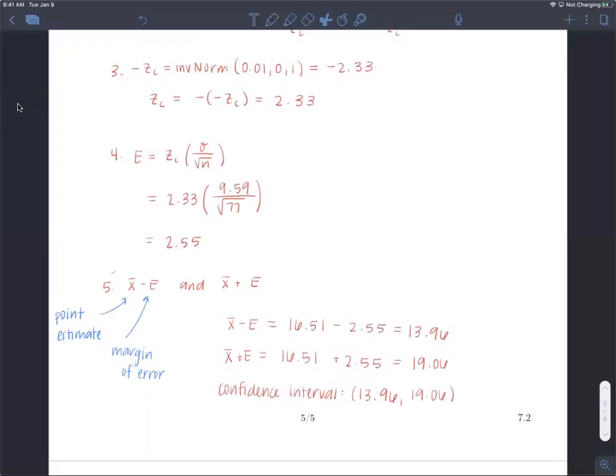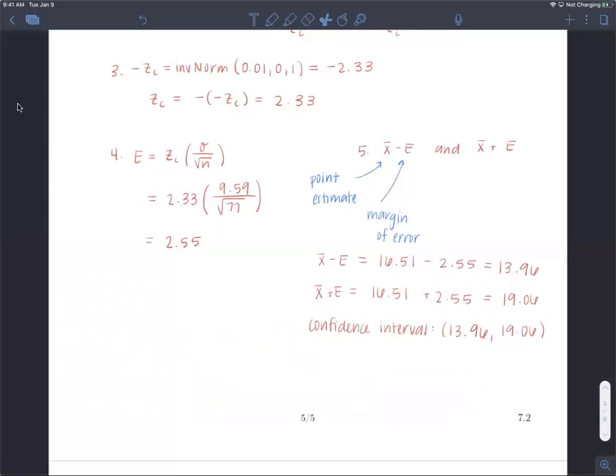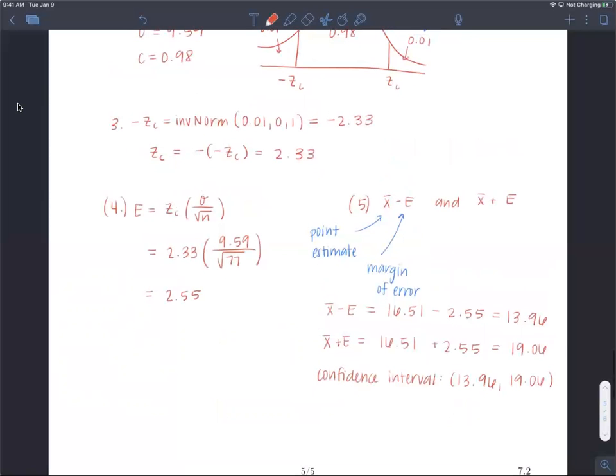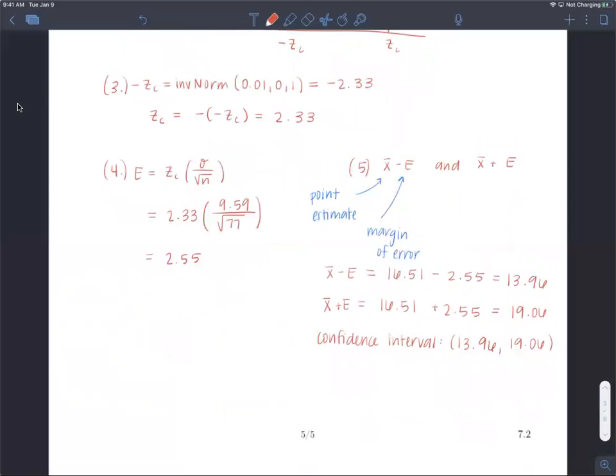Hang on, I'm going to shift this a little bit because I'm running out of room. So do you guys have any questions up to this point about how to construct the confidence interval?